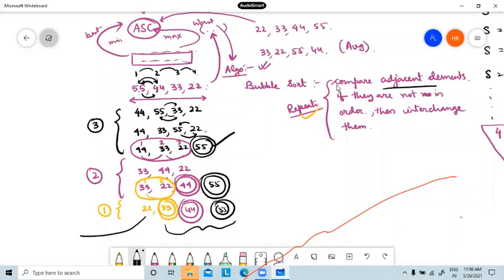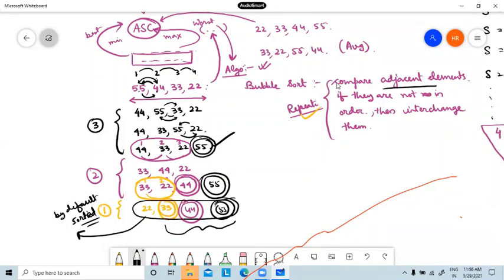It means the last element is sorted by default. If I ask you to sort one single element, is it possible? No, because a single element is always sorted. So this is my sorted order.